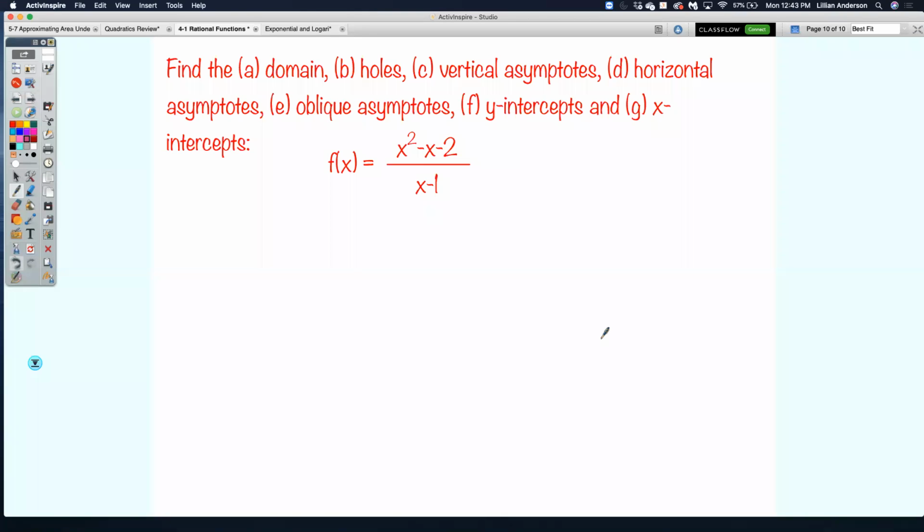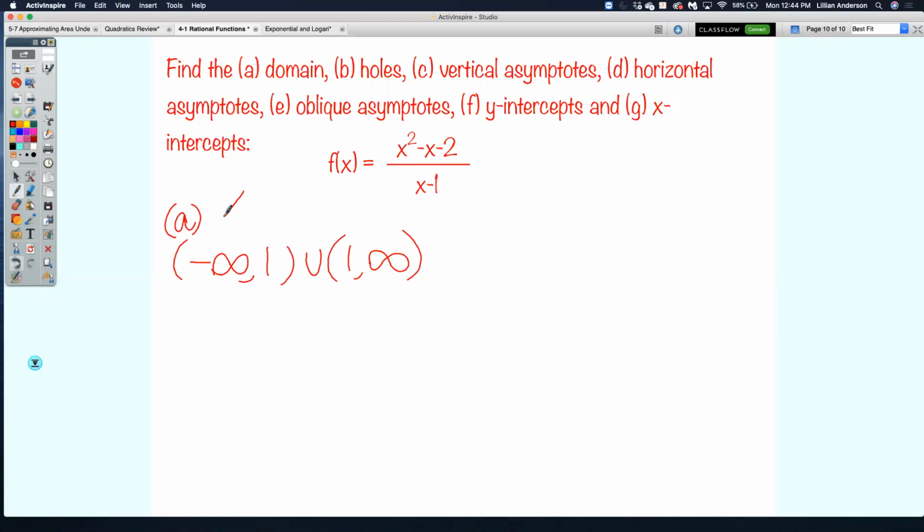Who has the domain? Parenthesis, negative infinity, comma, 1, parenthesis, union, parenthesis, 1, comma, infinity, parenthesis. Very good.